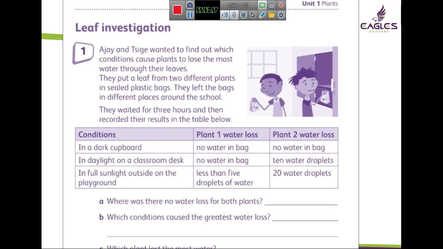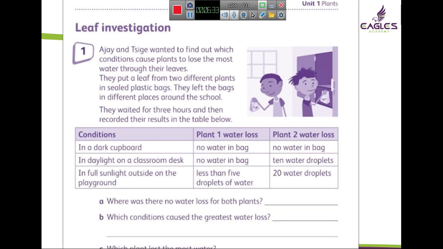And also plant two did not lose any water because they couldn't find any water in the bag. Now let's move to the second condition, in daylight on a classroom desk. For plant number one, no water in bag. And for plant number two, 10 water droplets.